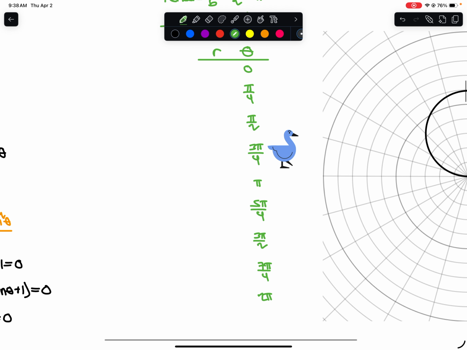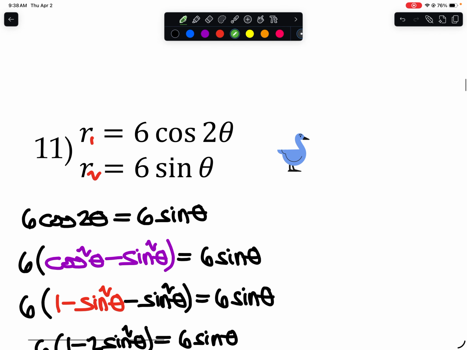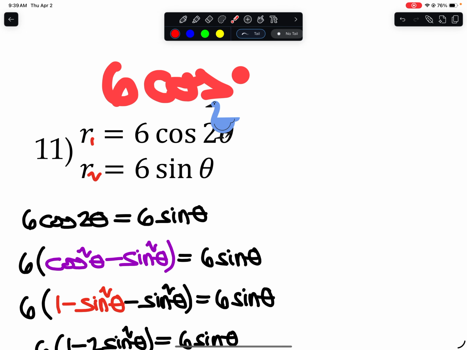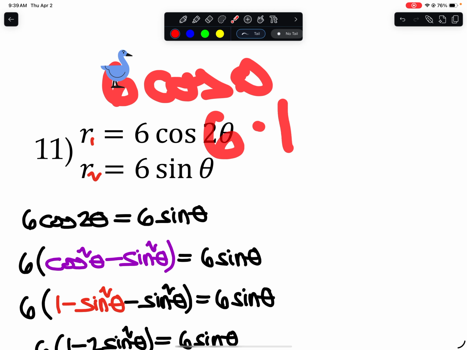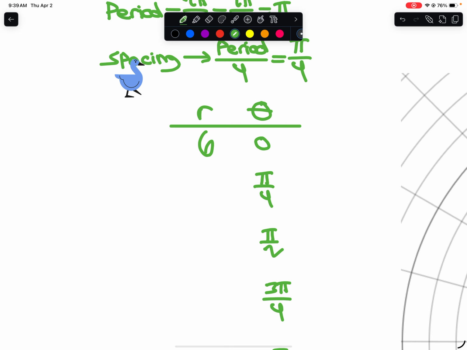So what I'm going to do is plug in these theta values into the rose equation. So when I plug in 0, this is going to be 6 cosine 2 times 0, which is just going to be 0, cosine of 0, which is 1, so 6 times 1, which is just going to be 6. So I'm going to try to do these values kind of quick.